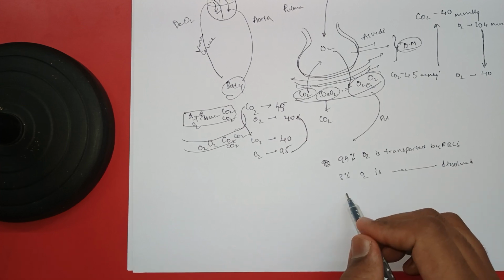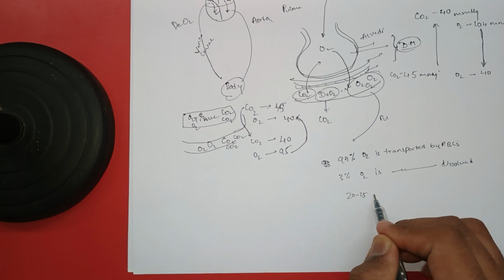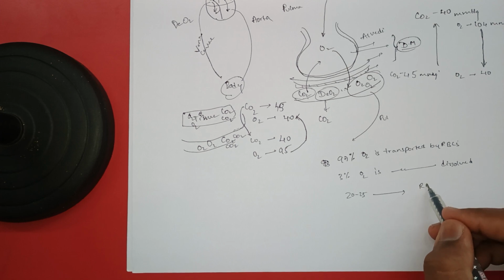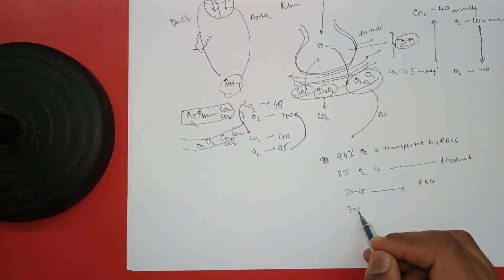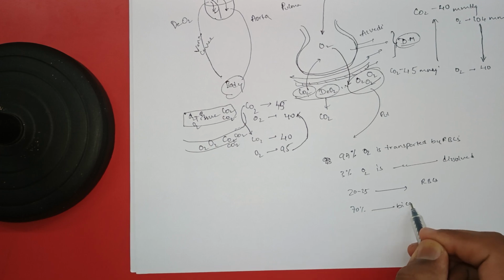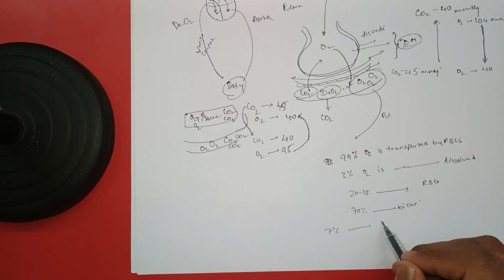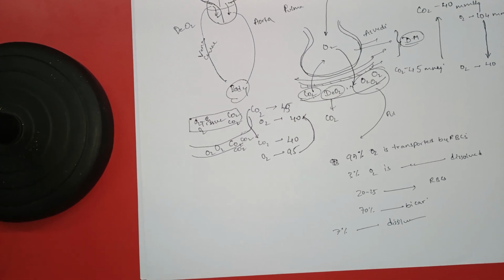Carbon dioxide: 20 to 25% is transported by RBCs, 70% is carried in bicarbonate form, and around 7% is carried in the dissolved state in plasma.